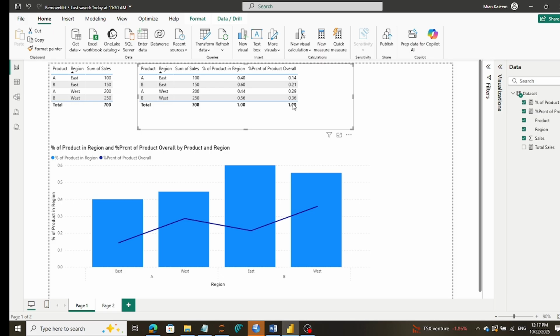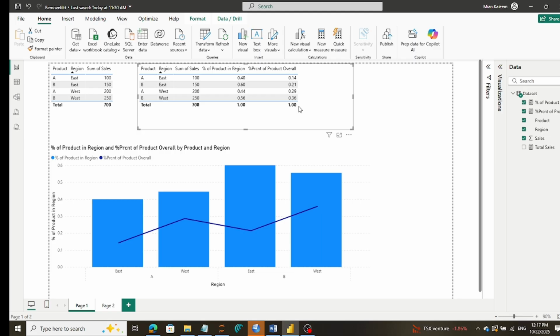And then the sales of B overall is 21%, and so on. In order to achieve this kind of calculation, we have to carefully write our DAX measures to derive these values from existing data.